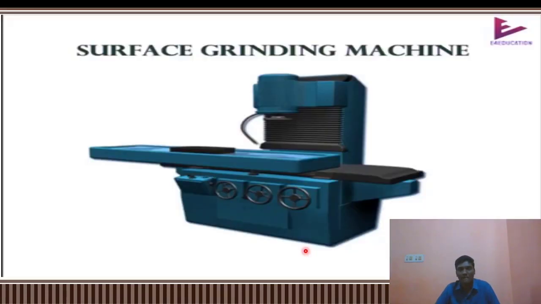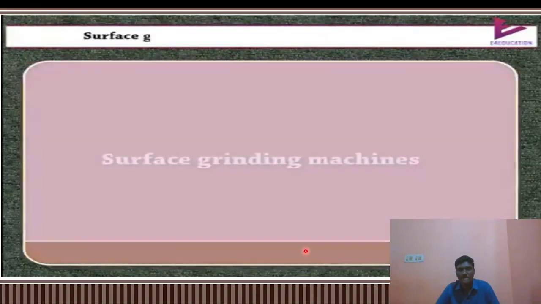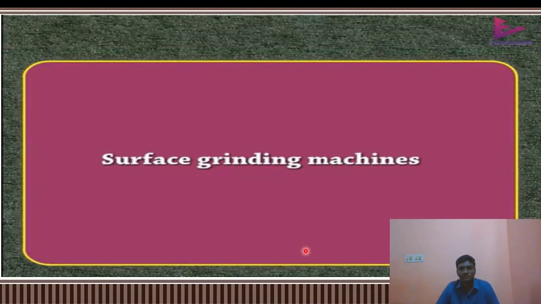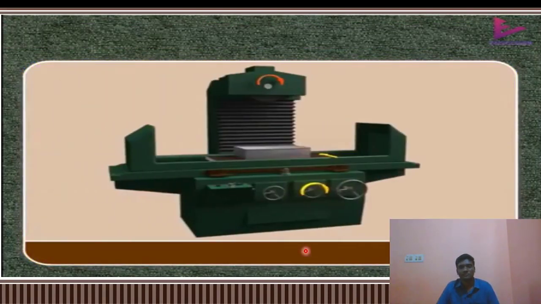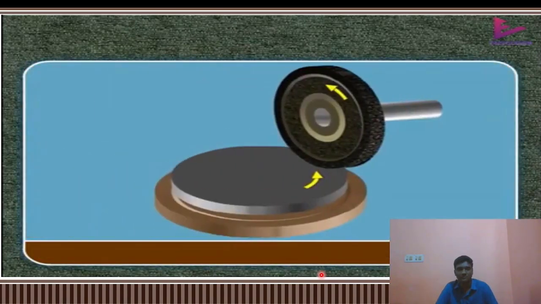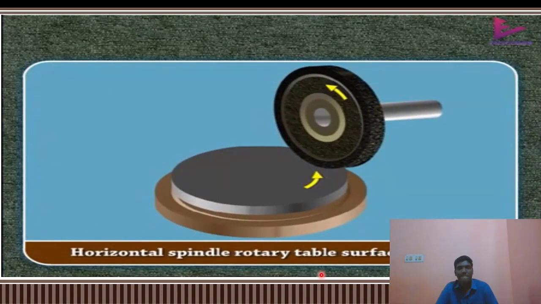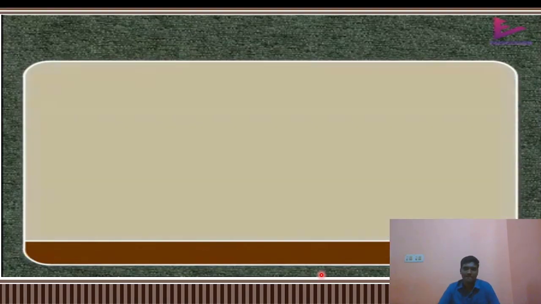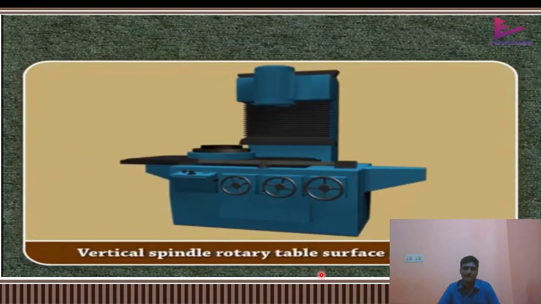Surface grinding machine. Surface grinding is used to produce flat surfaces. These surface grinding machines are classified as horizontal spindle reciprocating table surface grinder, horizontal spindle rotary table surface grinder, vertical spindle reciprocating table surface grinder, and vertical spindle rotary table surface grinder.